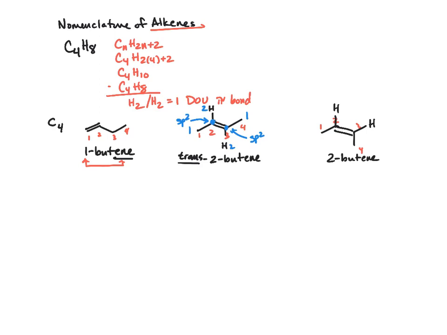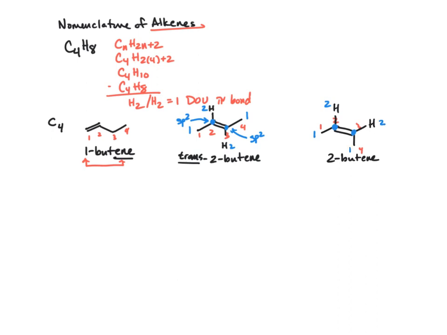Now if we do the same sort of analysis for the other molecule, I'm highlighting in blue the sp2 hybridized carbons. I analyze both substituents, carbon versus hydrogen. I give them the priority ranking. Carbon's going to be 1. This hydrogen's going to be 2. I then do that for the other side. We have 1 and 2.